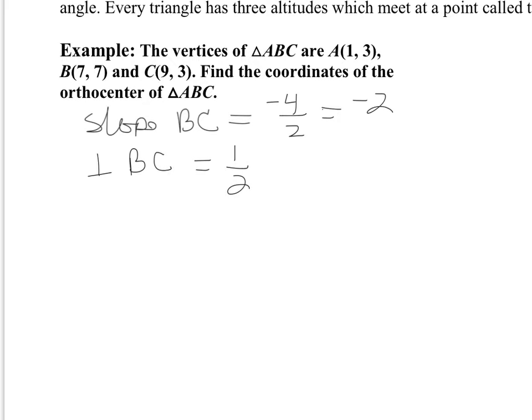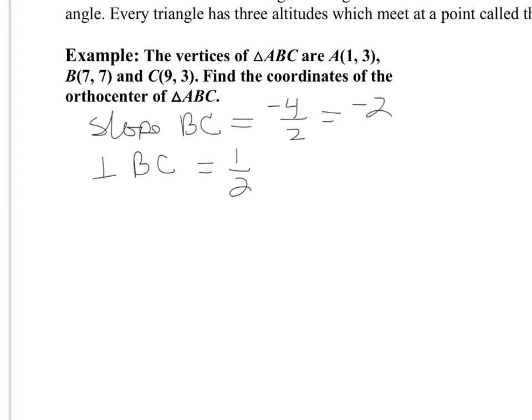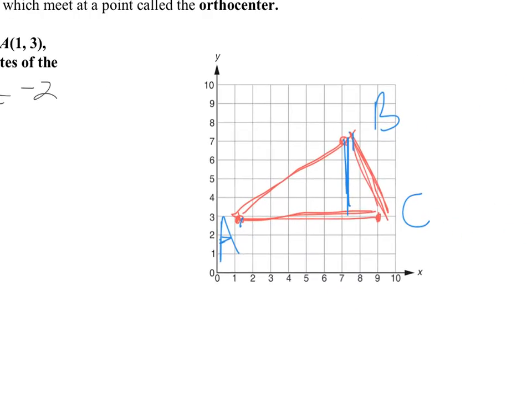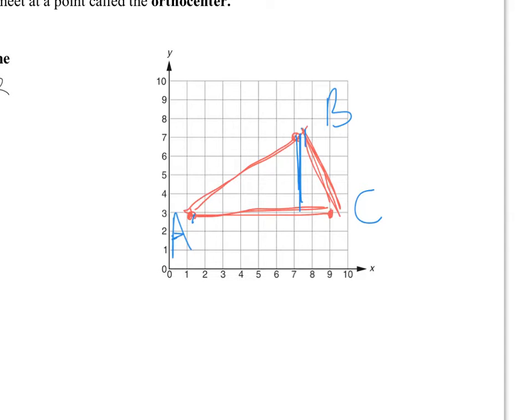The easiest way to do this is to take a look at your picture, and whatever vertex you're going to start from, take the slope, and that's going to send you in the direction of BC, hopefully. My slope I want is 1 over 2, so I'm going to go up 1 and over 2, and I want to do that until I intersect BC.